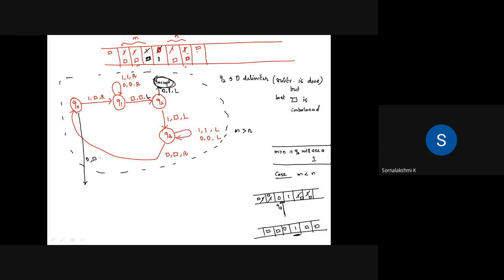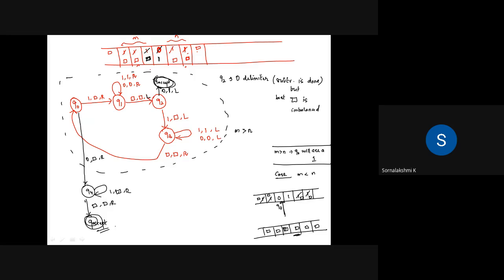Just replace it with blank and proceed to the right. I go to say Q4. Q4, how many ever ones I see, I replace with blank and keep moving right. I'll reach a final state. When you see a blank, this is Q accept.